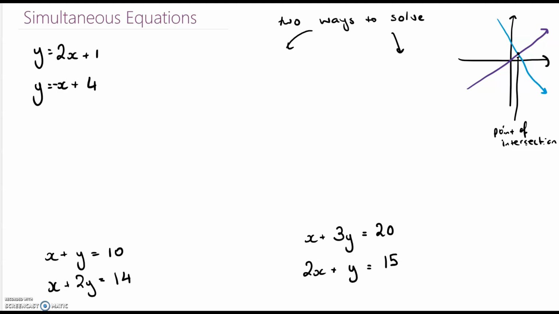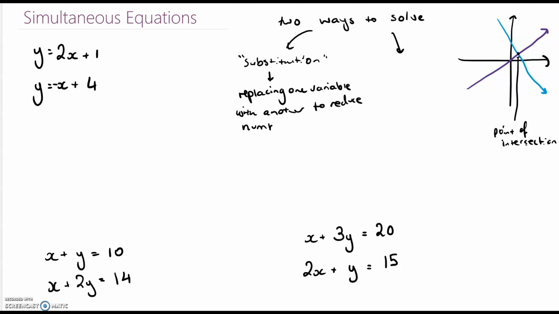And we have two strategies of solving that. The first one is what we call substitution. That's where we're literally substituting in, replacing one variable with another to reduce the number of variables in an equation.